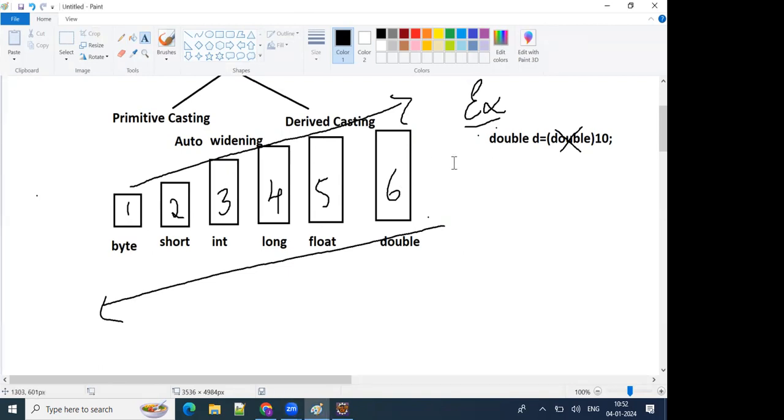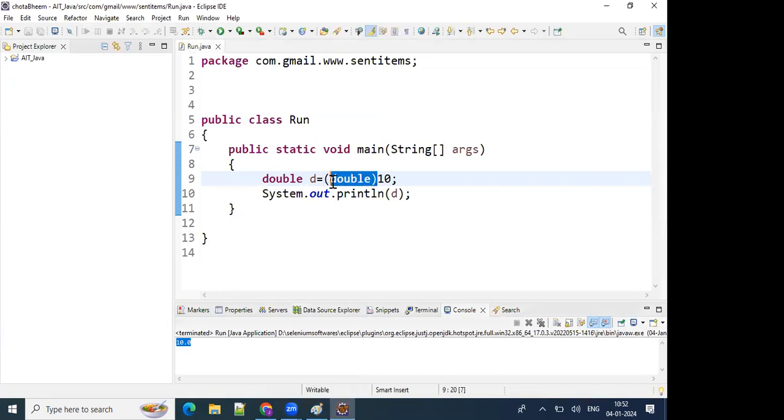You can see integer is the lower primitive data and you are storing it into a higher primitive.